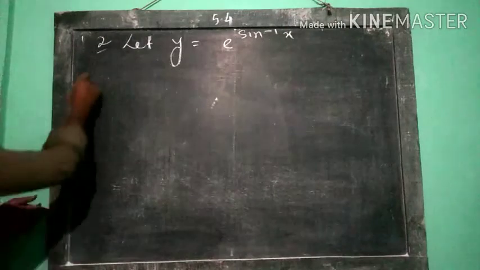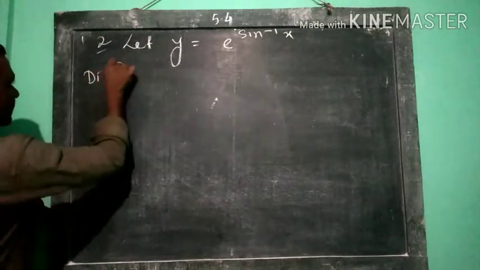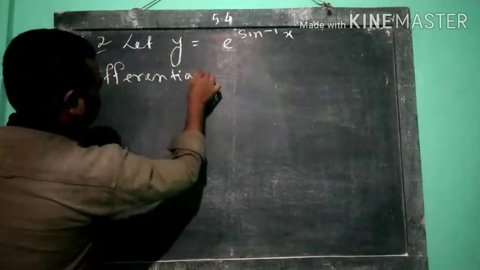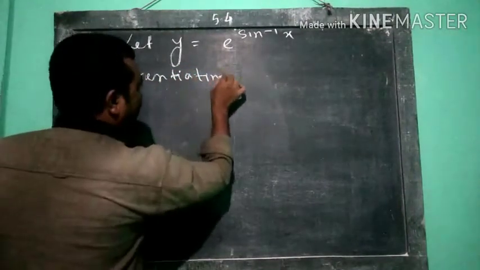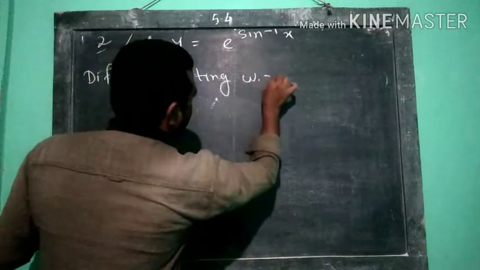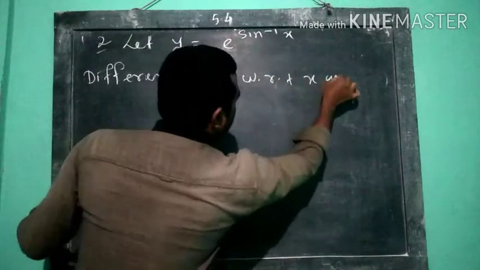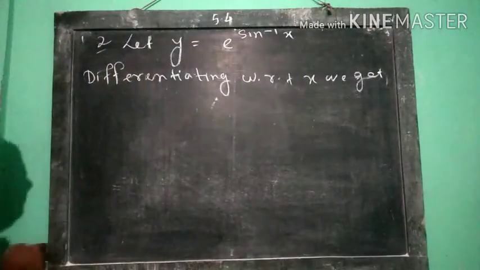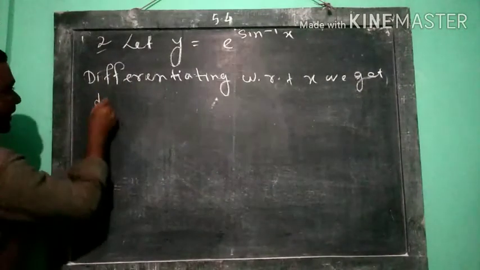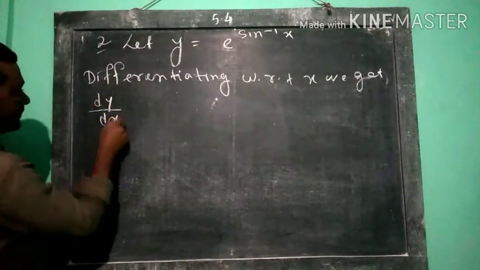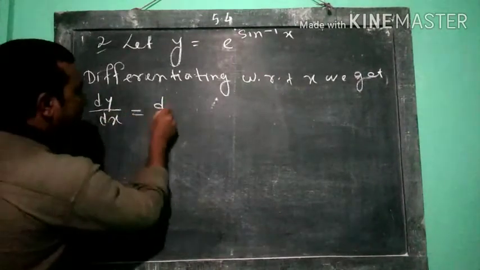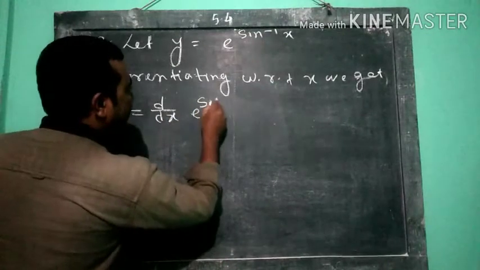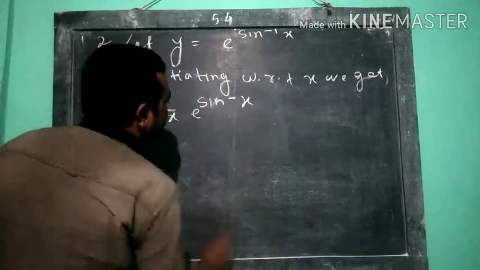Now differentiating with respect to x, we get dy/dx equal to d/dx of e to the power sin inverse of x.